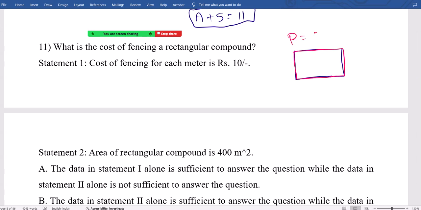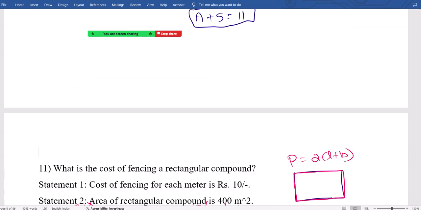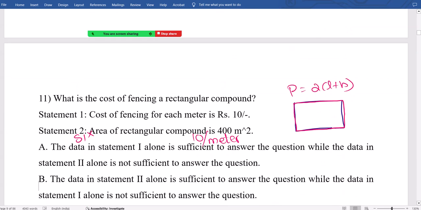Perimeter is required. Here 10 rupees per meter is given, but how many meters of fencing there is, we don't know. So statement one alone is not possible. First we always need to try alone. If alone is not possible, only then we go for together.